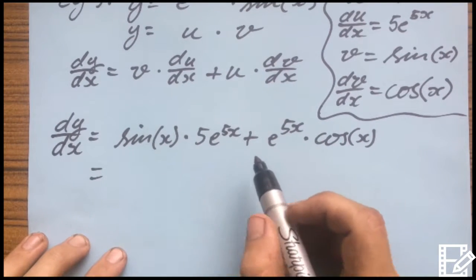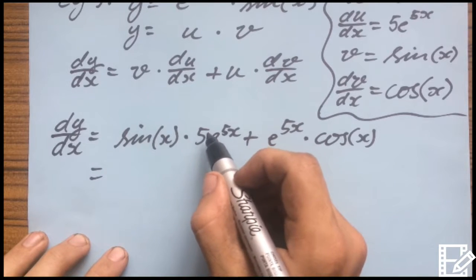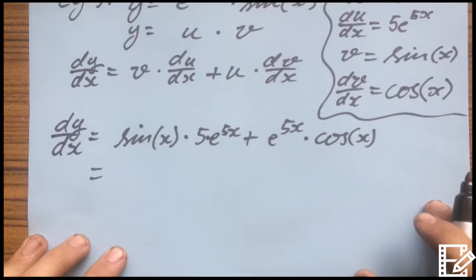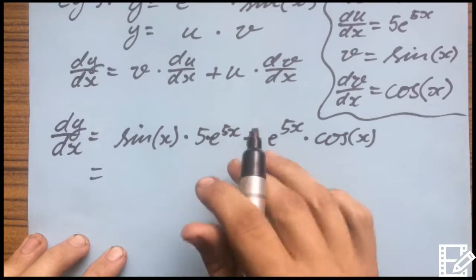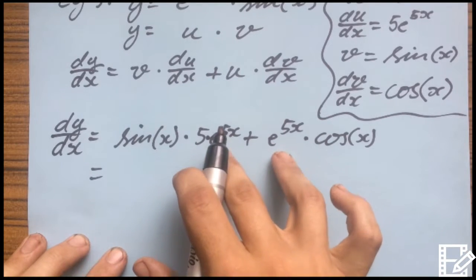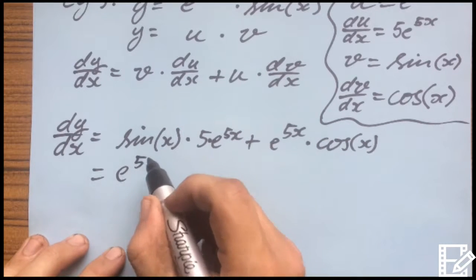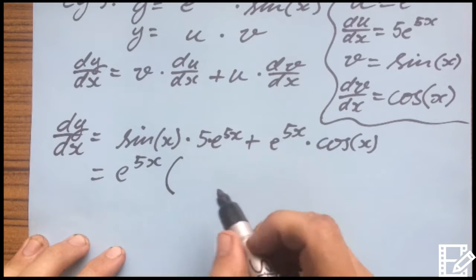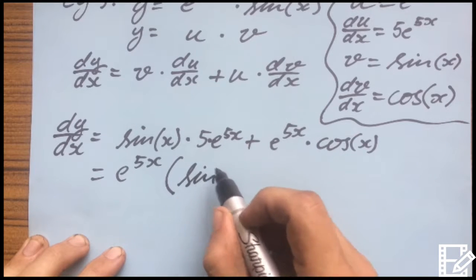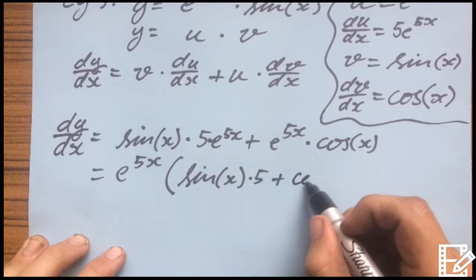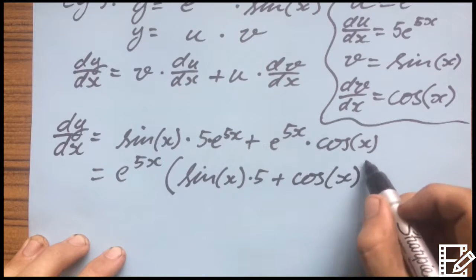The funny thing about this is that the 5 is actually multiplied to that e. So we can still bring the e to the power of 5x out the front, as so. We could have e to the power of 5x times (5 sine x plus cosine x).